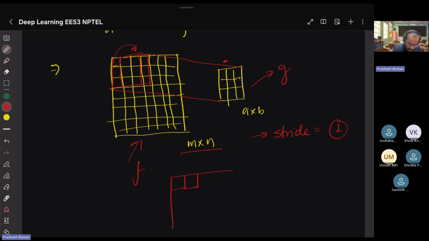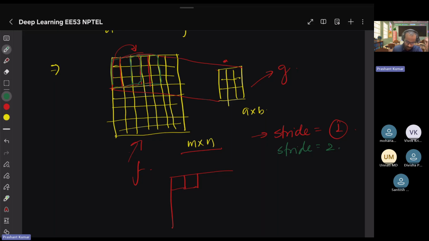If earlier we were doing this multiplication, and then I do this multiplication, it means I am moving two steps at a time, then I will call the stride 2. For a convolutional neural network, we are also going through some terminologies within this tutorial.